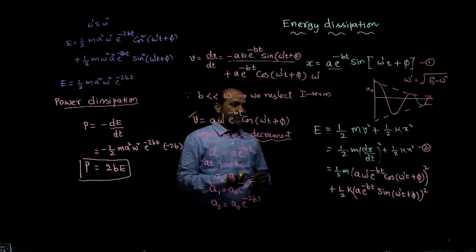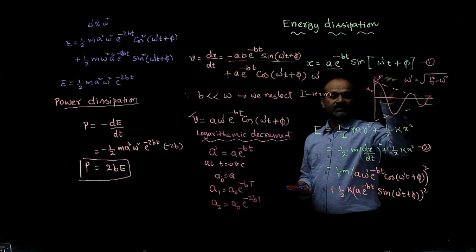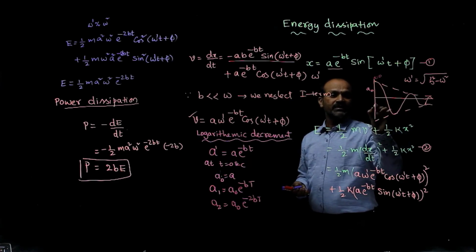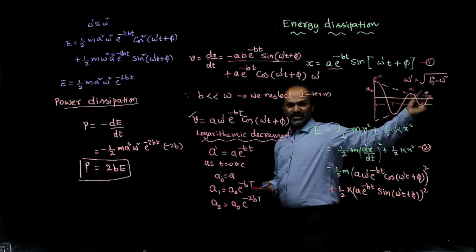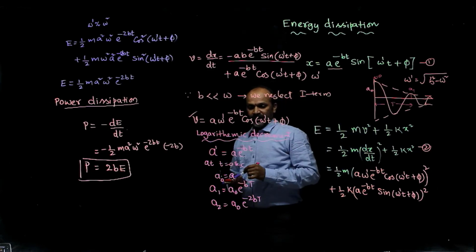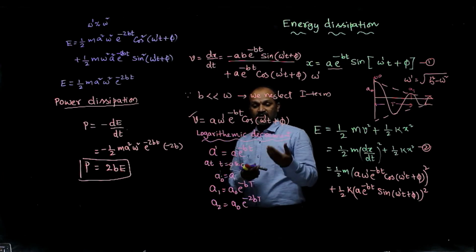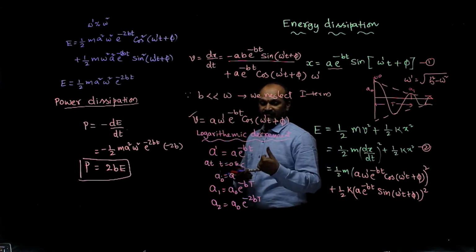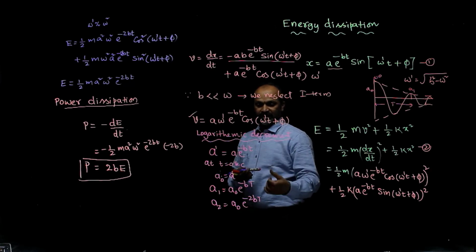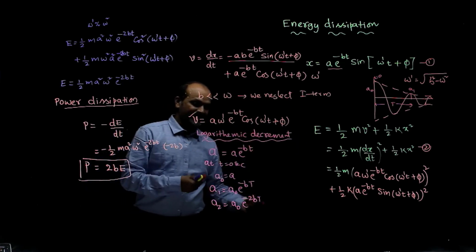So by the definition of logarithmic decrement, see here it is A naught at t equal to 0 seconds. After a time period of T, it becomes A1. Similarly, A2 and so on. So the logarithmic decrement is the natural logarithm of the ratio of these consecutive amplitudes, that is A naught by A1, similarly A1 by A2, A2 by A3.